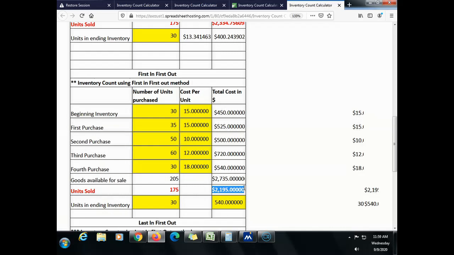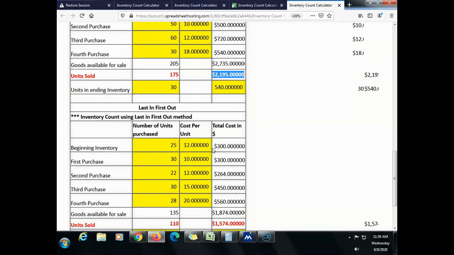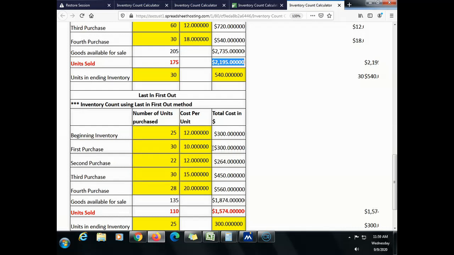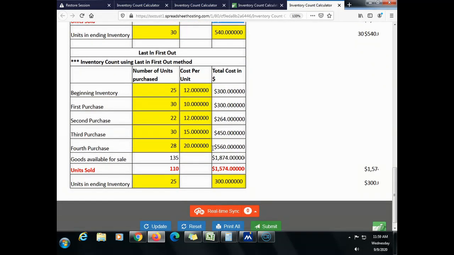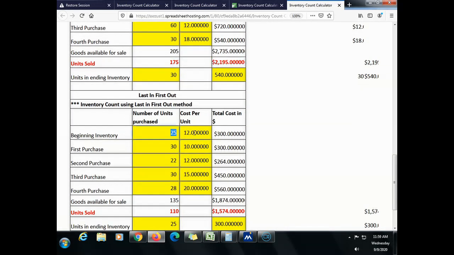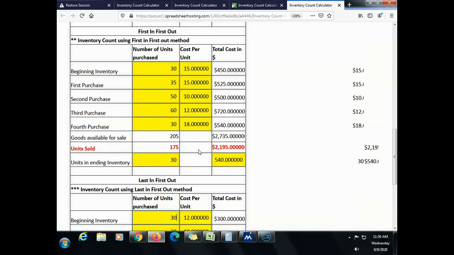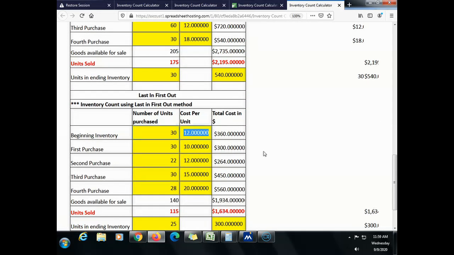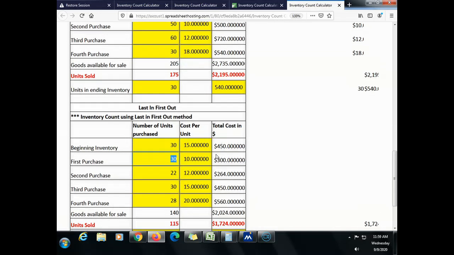Finally you have last in, first out. Using this method, the way inventory count works, whatever comes in last goes out first. So let's say beginning inventory is 30 units, once again this is $15 a unit. On your first invoice, you've got 35 units, again $15 a unit.